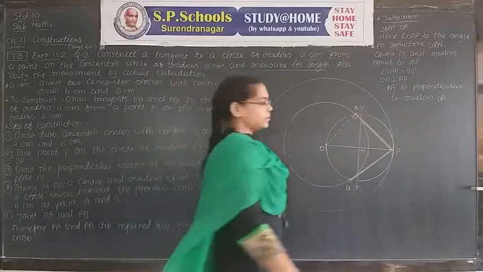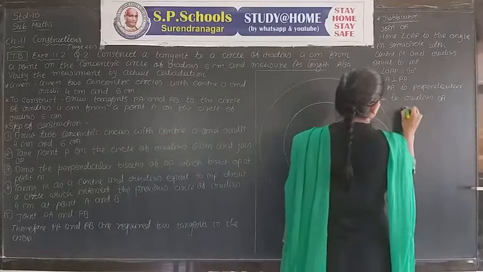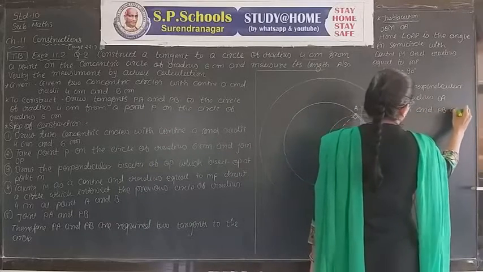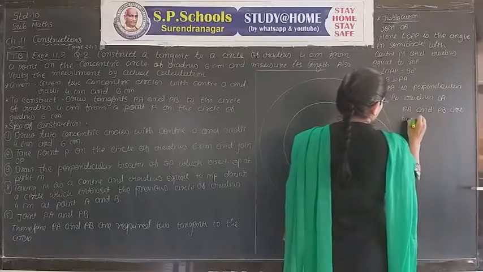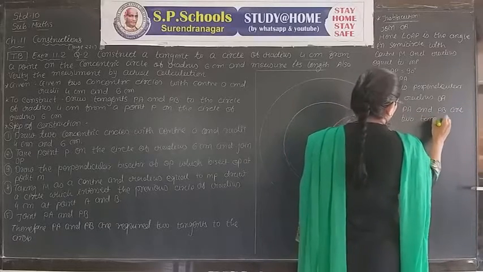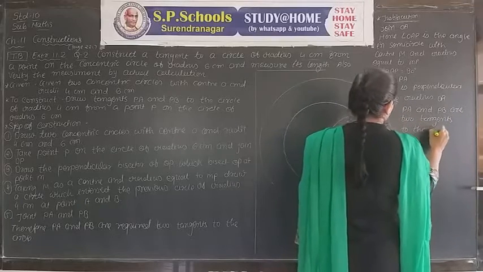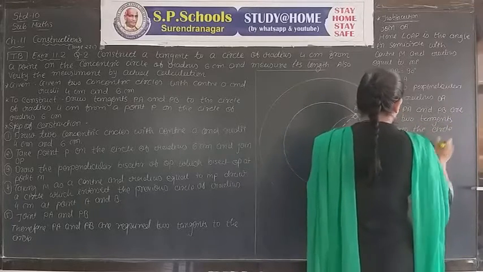That's why PA and PB are two tangents to the circle.